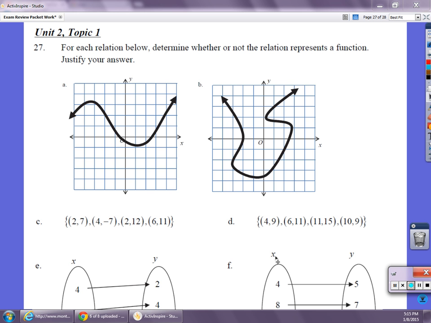We're going to be looking at Unit 2, Topic 1, Question 27. For each relation below, determine whether or not the relation represents a function. Justify your answer.